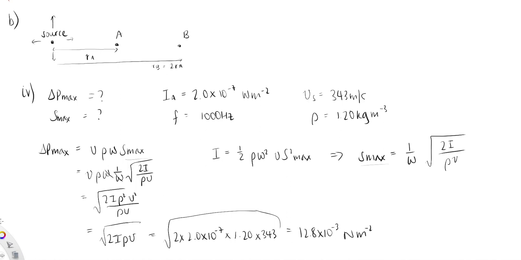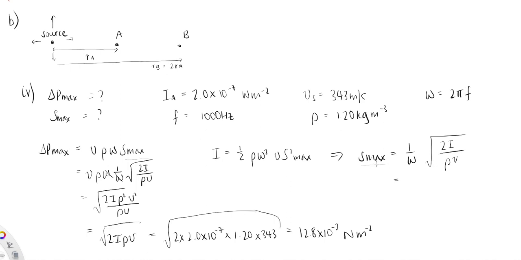And then for S max, we actually don't know what our omega is. We have to get omega in terms of frequency. Omega is 2 pi f, and we have our frequency. There's a couple of ways we can do it.